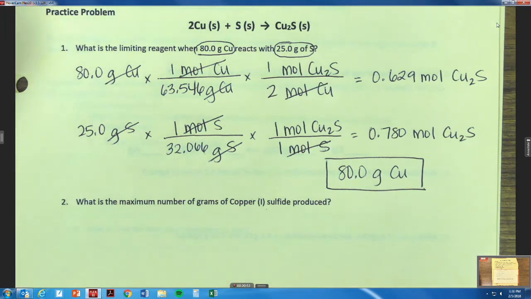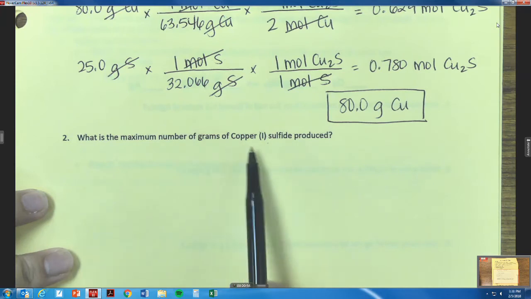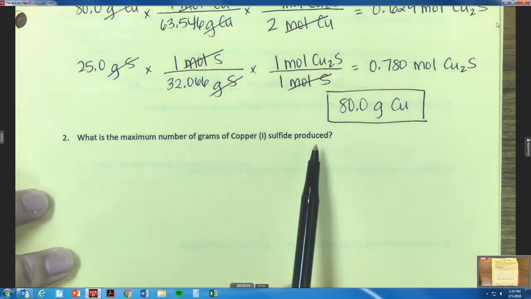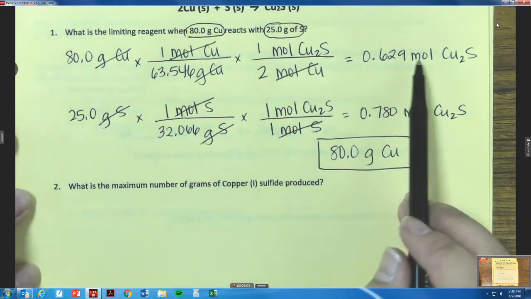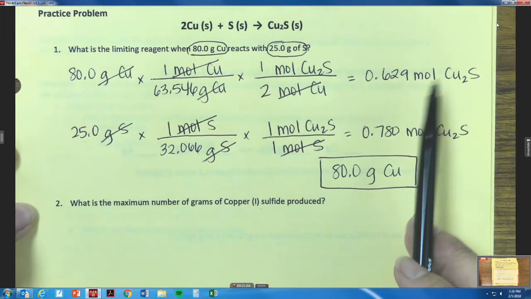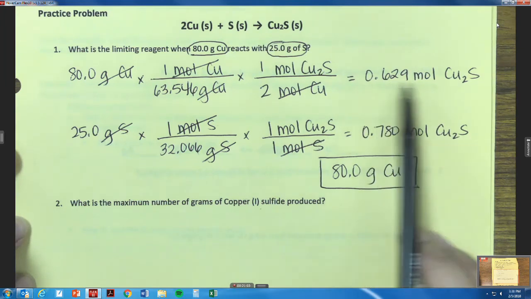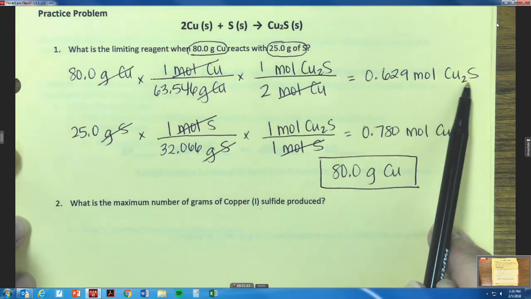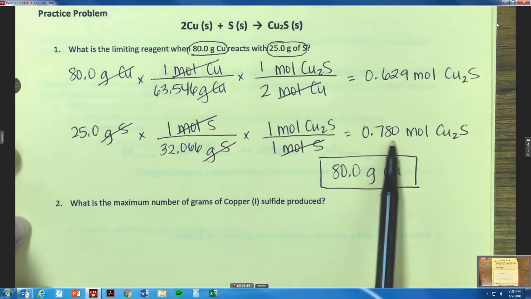Okay, so our next question is asking, what is the maximum number of grams of copper 1 sulfide produced? Well, if we take a look at our products, here we can only produce 0.629 moles of our product, and here we can produce 0.780.